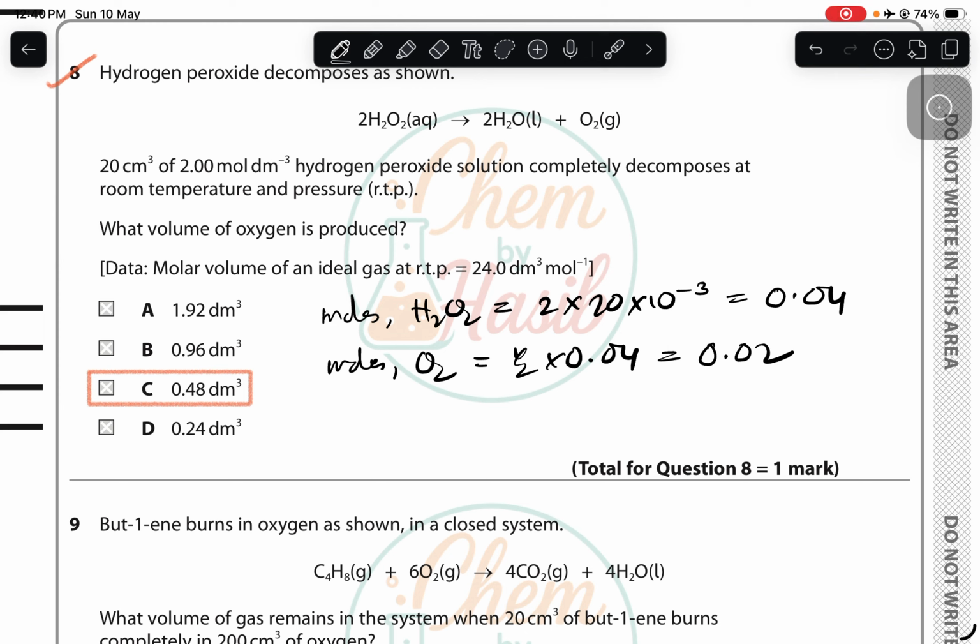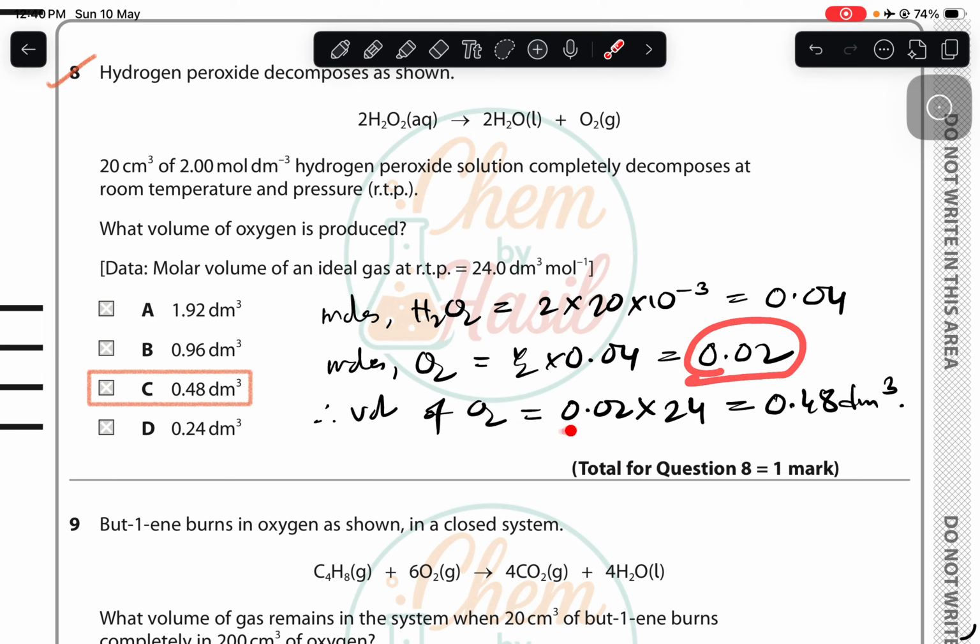Then you find the volume of oxygen, which is 0.02 multiplied by the molar volume, 24, giving 0.48 cubic decimeters. So we found the number of moles of oxygen, then multiplied it by the molar volume, giving the volume of oxygen produced here.